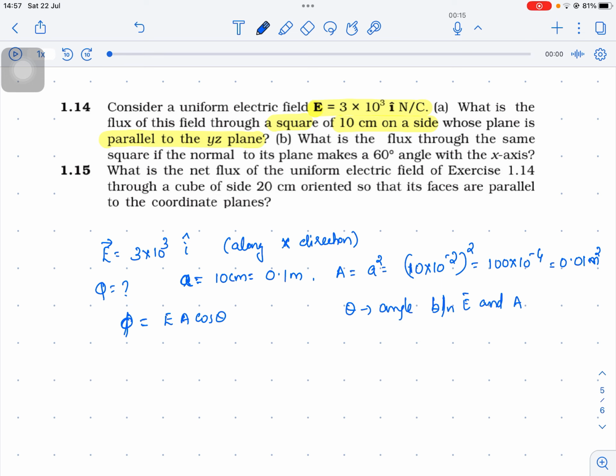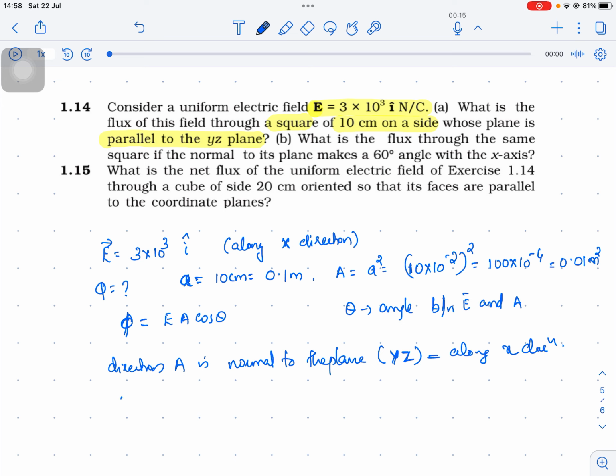That means the square is lying along the YZ plane, and it shows that the direction of area is normal to the YZ plane. Direction of area is normal to the plane. Here it is mentioned that the plane is parallel to YZ, that means A is along x direction itself.